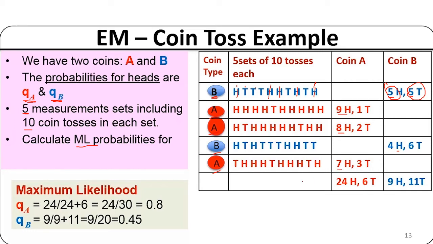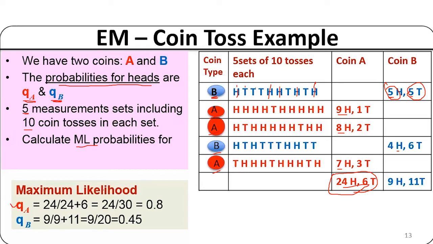So after completing these 5 sets, now I am going to find out the total probability for coin A being the head. Initially I mentioned that we are trying to find the probabilities of the two coins being heads. So if I talk about coin A, it has a total of 24 heads plus 6 tails.